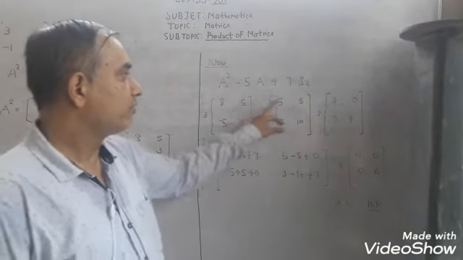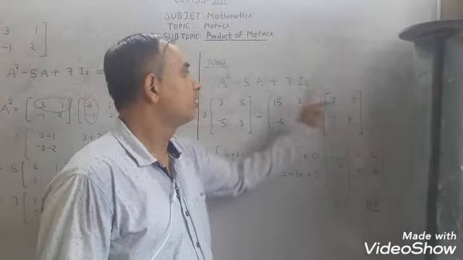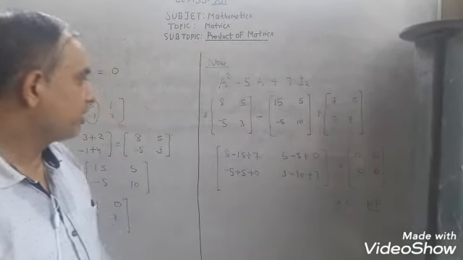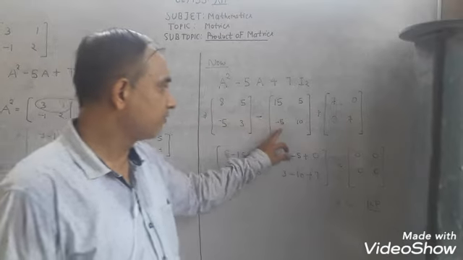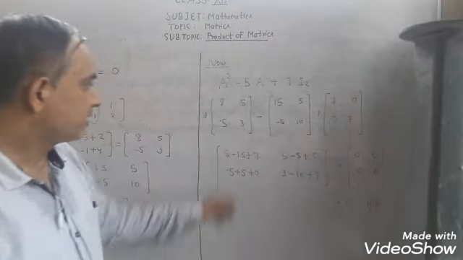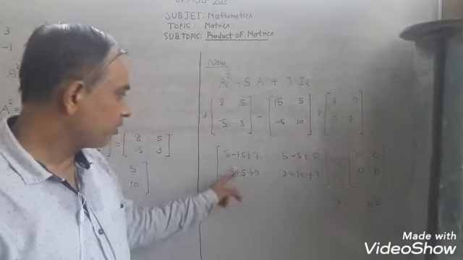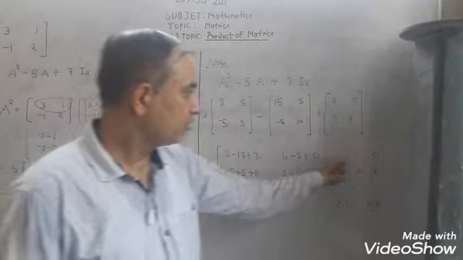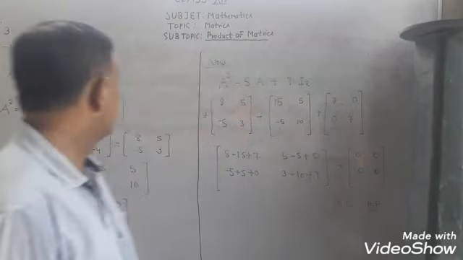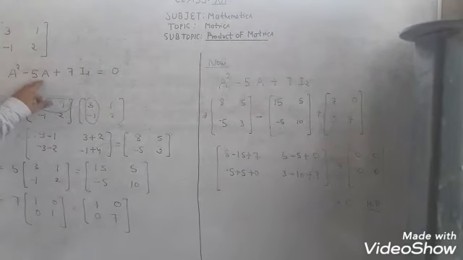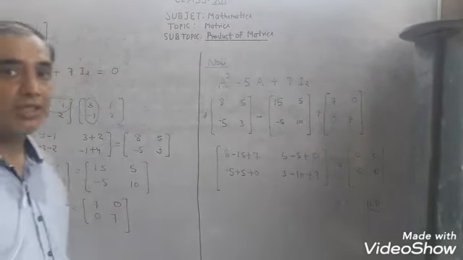Similarly 5 minus 5 plus 0. Similarly minus 5 plus 5 plus 0. And the last step 3 minus 10 plus 7. On solving each element, we get 0, 0, 0. That means the answer of A squared minus 5A plus 7I2 will be 0.